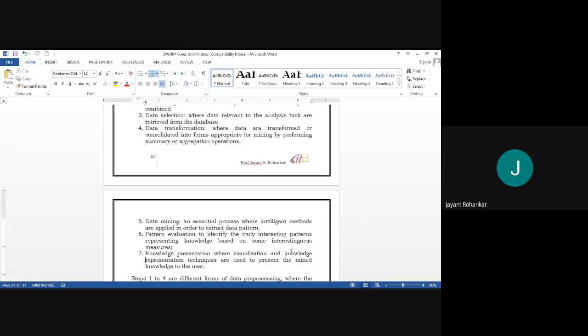So this is the pattern we have to identify, for example why the production of a particular product of the company is reduced in a particular month. So we need to identify the pattern.